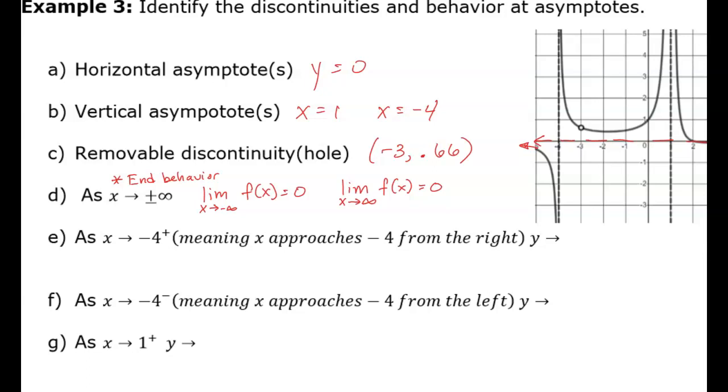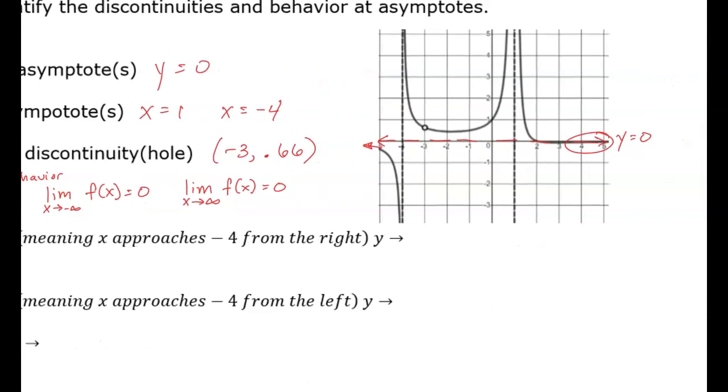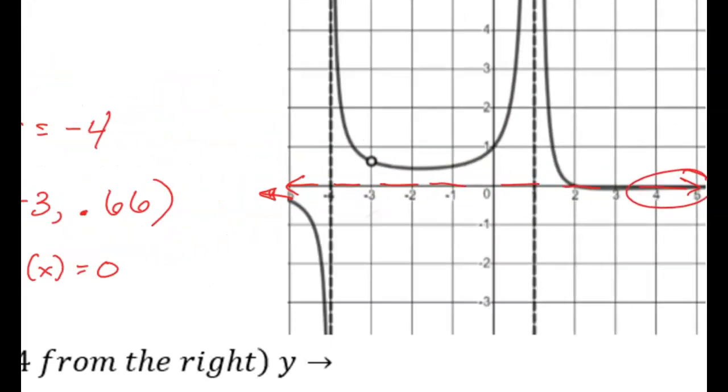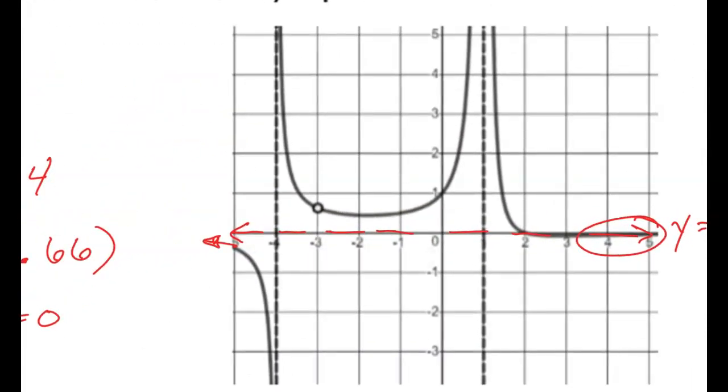What is new is understanding what's happening at the asymptotes. So, remember when we were going over rationals in standard form, what creates the vertical asymptotes?